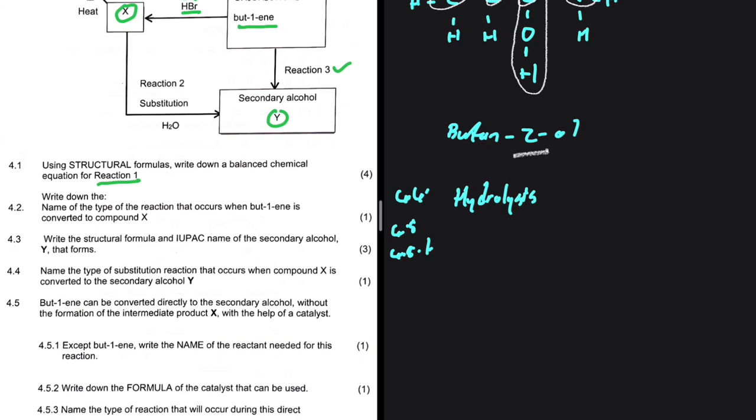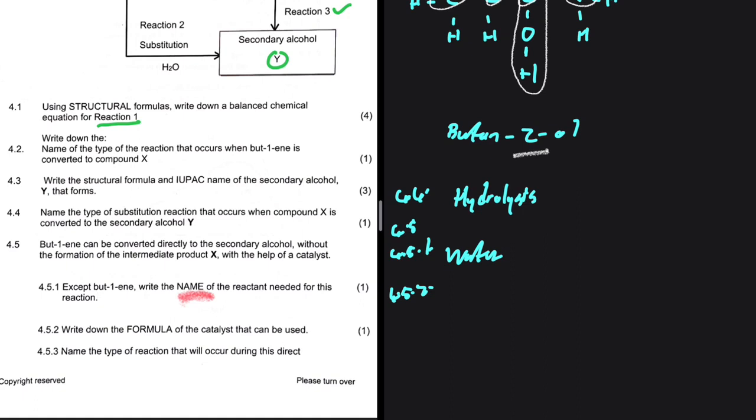What do you need to add to butene in order to have an alcohol as your product? You need to add H2O, but they say the name. So if you write H2O, it is wrong because H2O is not the name. The name is water, right? That is another trick to the question, because if you write H2O, I'm telling you, your answer is wrong. You need to write water.